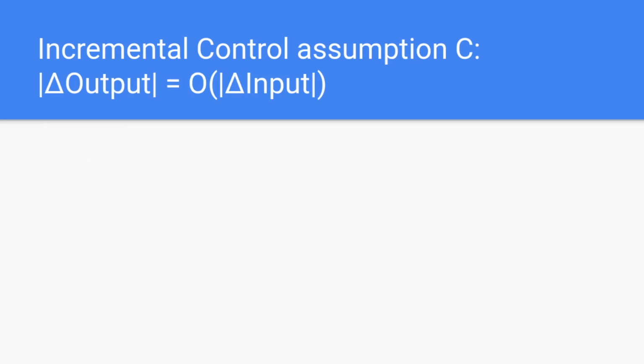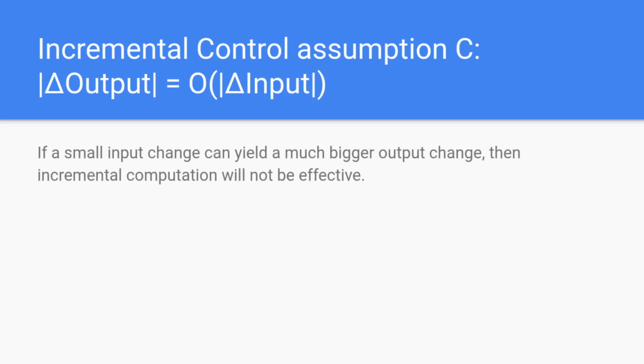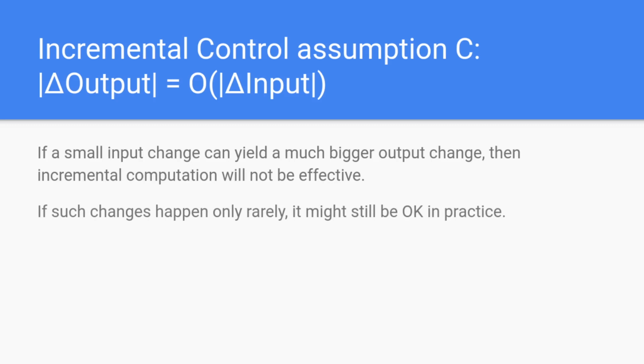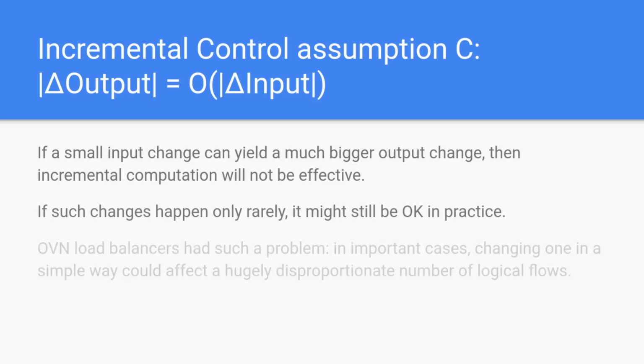So first, we're assuming that if there is a small change to the input, then the change to the logical flows is not much bigger than that. If we make a small change to the policy and everything changes in the output, then we're not going to do well. On the other hand, if it happens occasionally, then it might still be okay in practice.